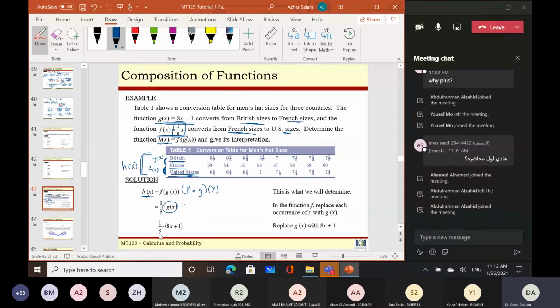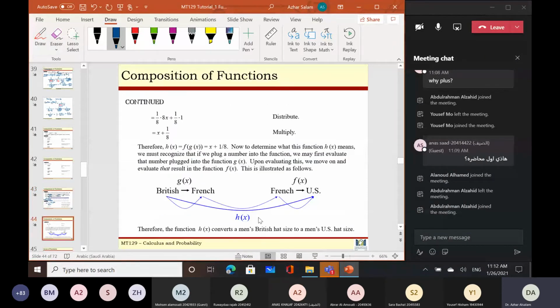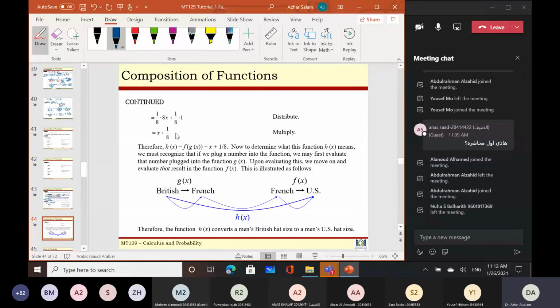So I multiply 1 over 8 by 8x plus 1 and simplify. If I simplify, the simplest form is x plus 8. And this is the definition of the function h. So the function h makes the conversion from British size into US size. This is actually an application of composition.